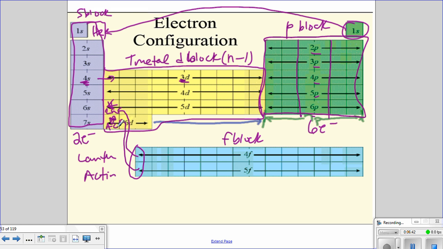Notice the periodic table, the numbers correlate as well. Lanthanum is number 57, so if you look up there on the periodic table, it's number 57. And then the first one here on the F block is 58. So it's according to the atomic number where they insert. And then you've got the actinium, which is number 89. And then the first one here is number 90.